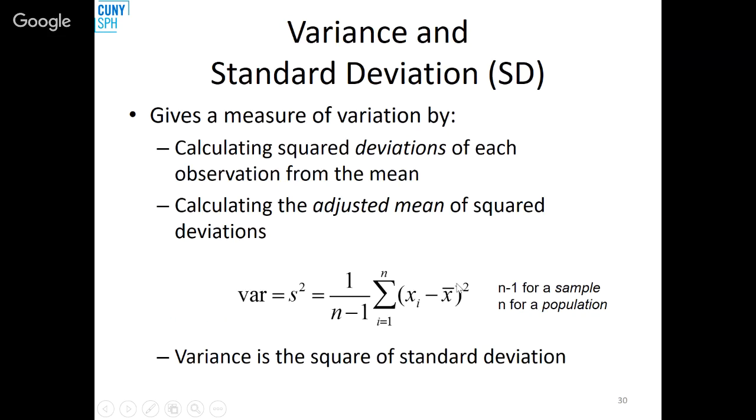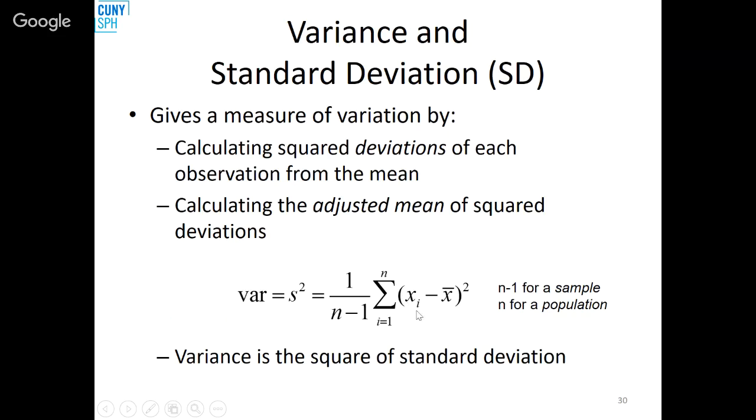And that mean from the sample, it's not exactly right, and it's put in the place that minimizes this sum of squares. So if we happen to have the true population mean here, this sum of squares would be a little bit larger.